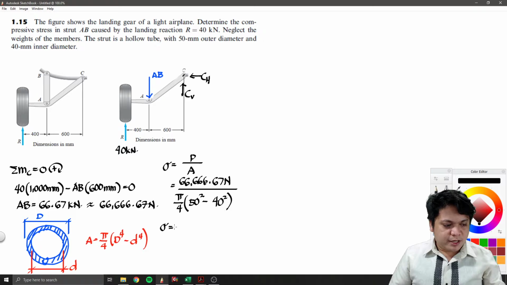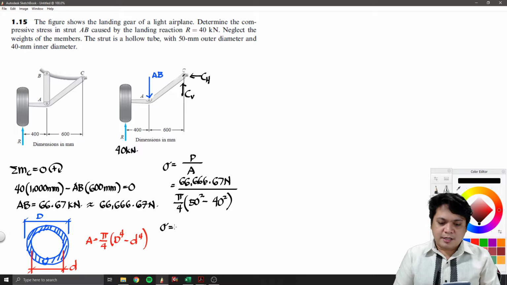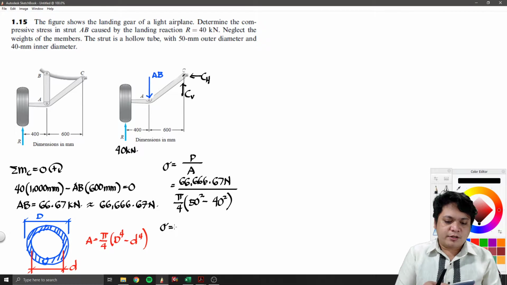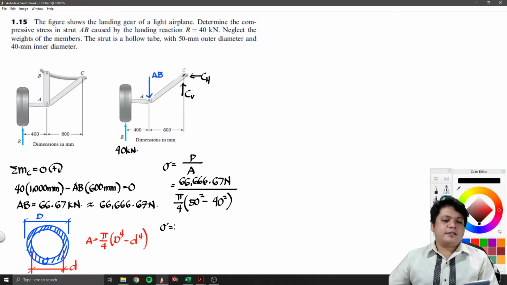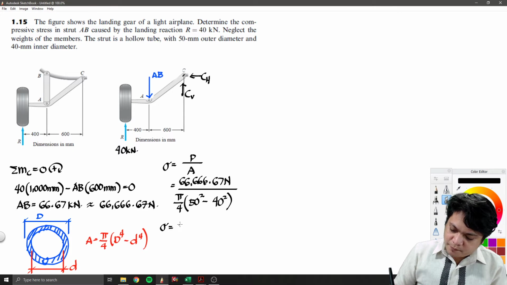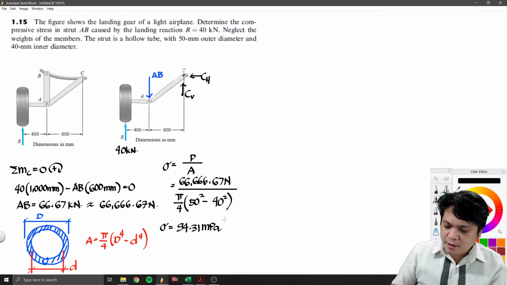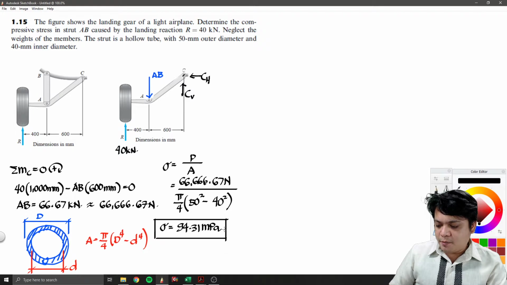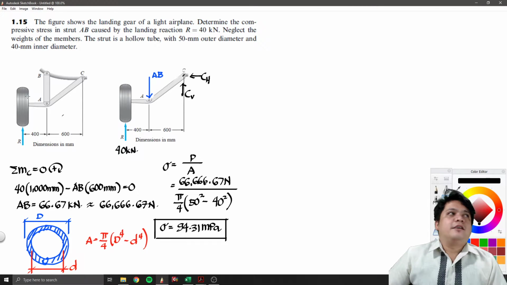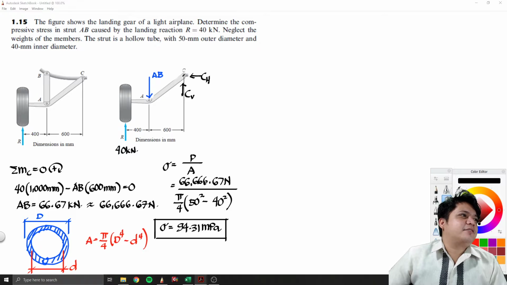So the maximum stress is 66,666.67 divided by pi over 4, 50 squared minus 40 squared, and the answer is around 94.31 MPa. So this is now the answer for this problem. You just need statics, that's all.